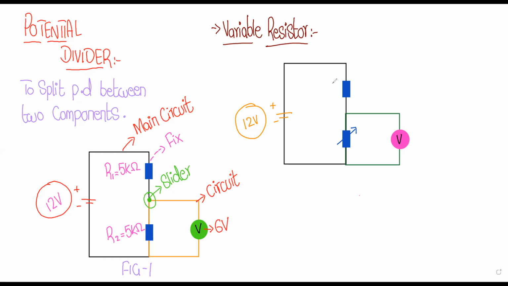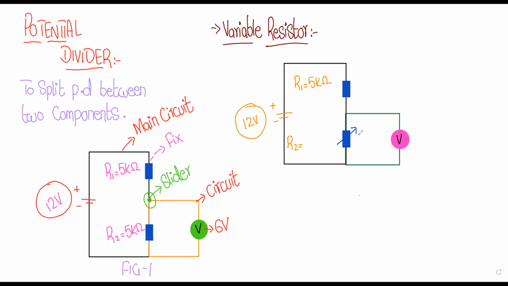Again taking the same value of resistance, R1 will be equal to 5 kilo ohms. And R2, this is something different in this circuit. What will be the value of R2 in this diagram? Will it be equal to 5 kilo ohms or something different?